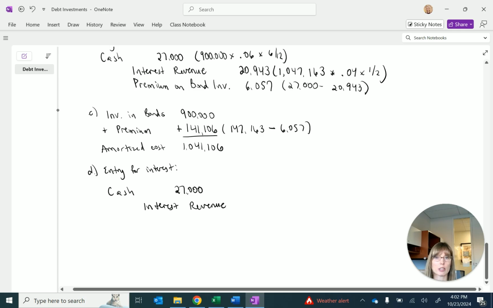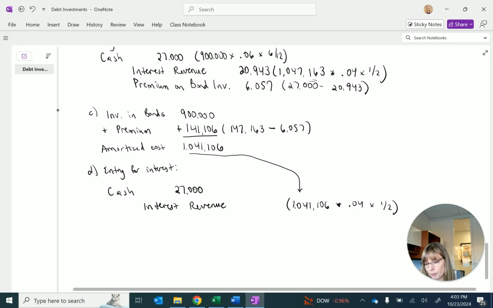It was previously 20,943, and the reason why is this was our beginning carrying value, 1,047,163. Now we're using this amortized cost, 1,041,106 times the market rate of 4%, semi-annual, so times 6 out of 12, or 1/2. Interest revenue is 20,822.